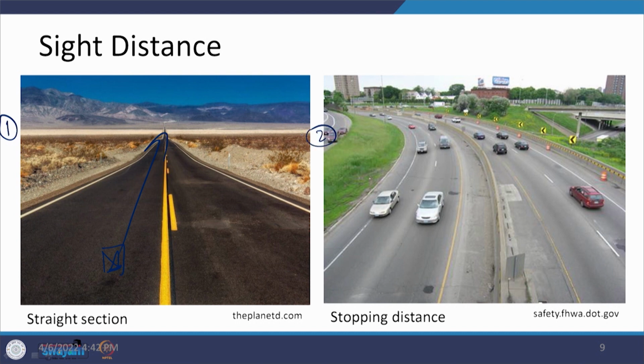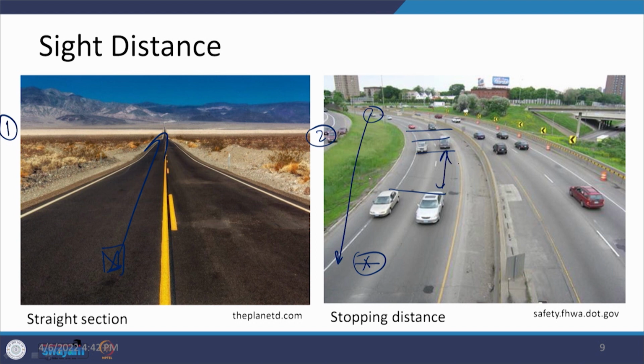Let us talk about the second case. Now, in this one, if I talk about this vehicle, this vehicle has very good visibility up to this point. So, if anything wrong happens here, this vehicle is going to be able to visualize that. At the same time, these vehicles are moving while maintaining the distances between them.